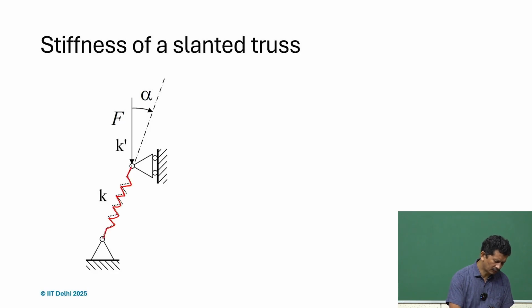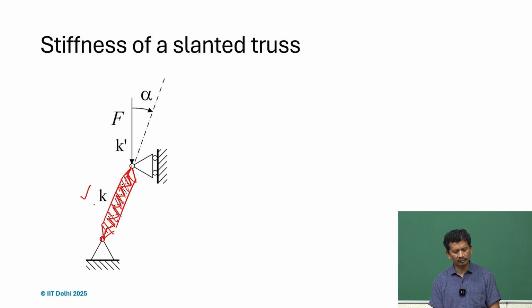But you can also assume that this is just a bar having a stiffness K, longitudinal stiffness K, and then force F is applied vertically, of course, in this case we have idealized it and supported against the wall. So, what happens to the stiffness? What is the stiffness experienced here by the actuator or wherever we are applying the force?